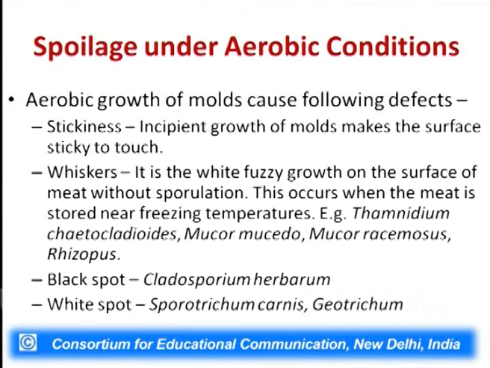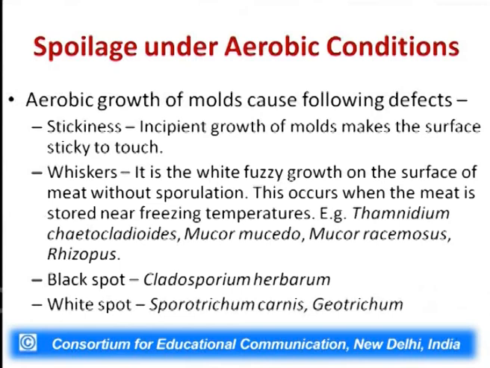Examples of molds producing whiskers on the surface of meat are Thamnidium chaetocladioides, Mucor mucedo, Mucor racemosus, and Rhizopus.